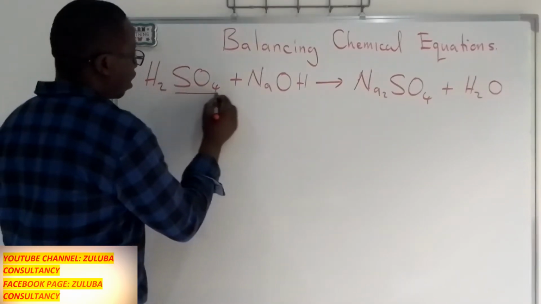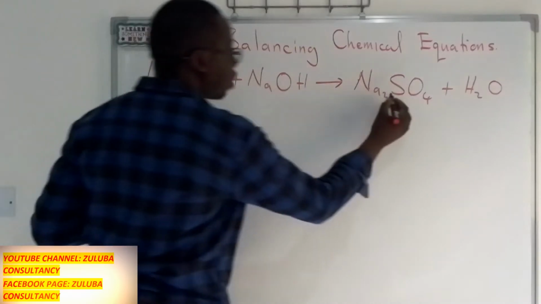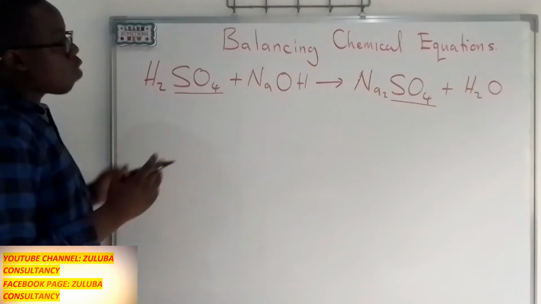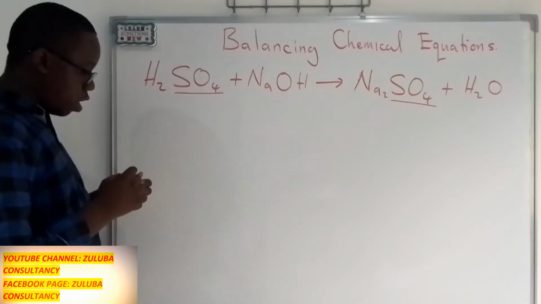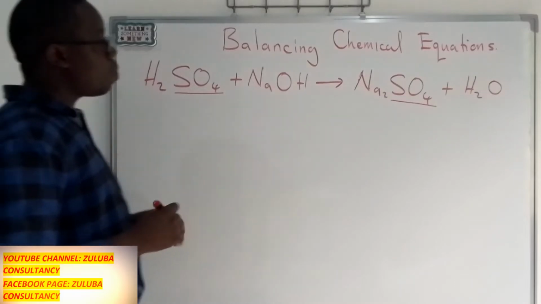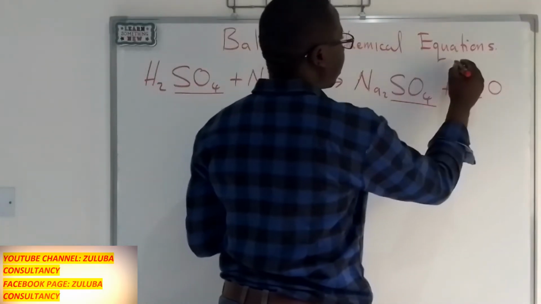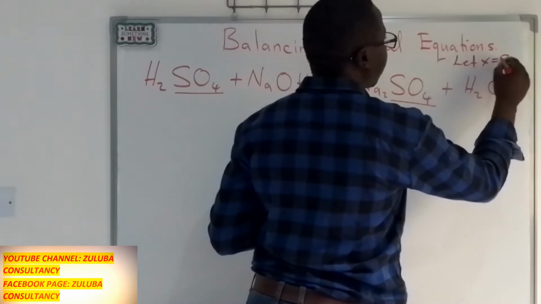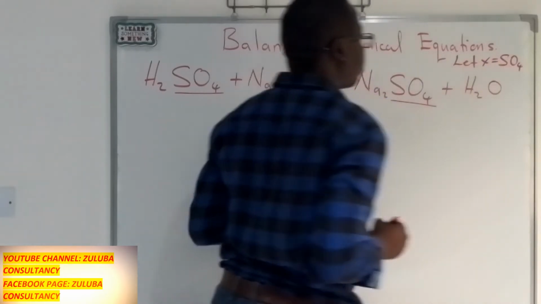You can see SO4 is appearing on both sides. So what best you do is to make an assumption. So you simply say, let X be equal to SO4.